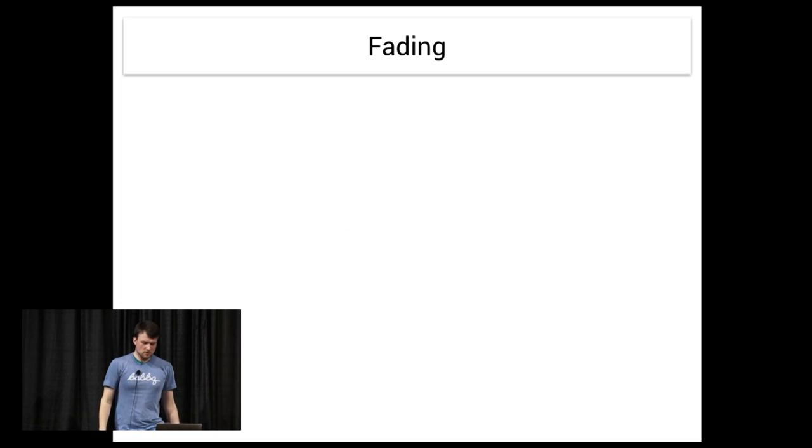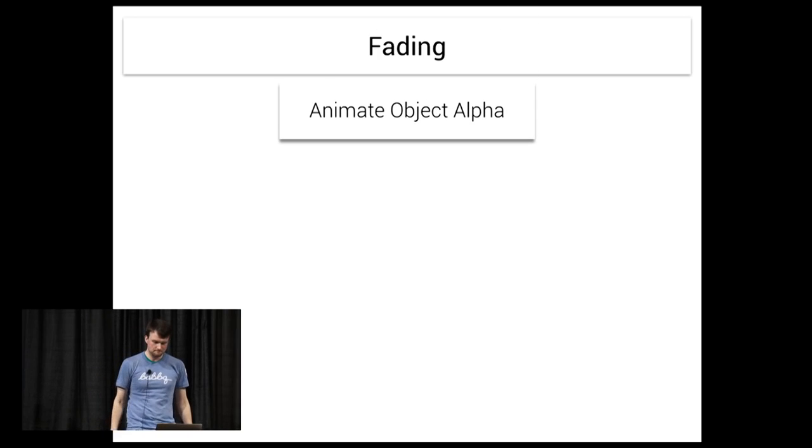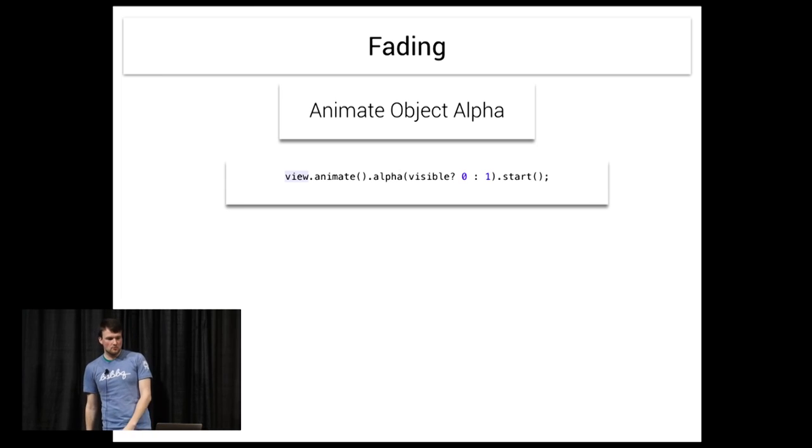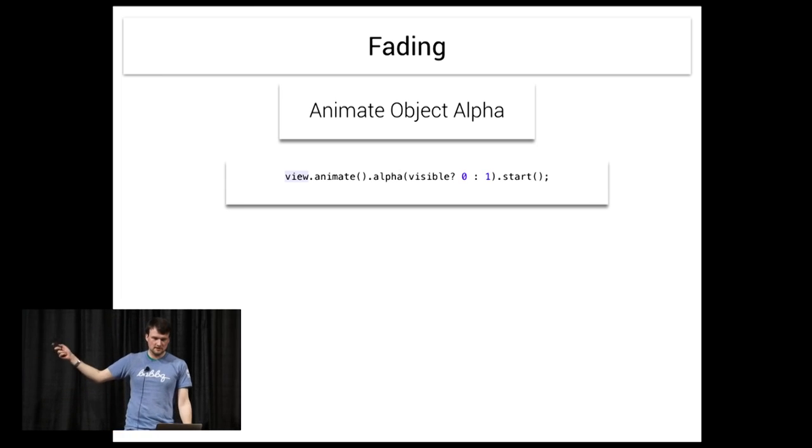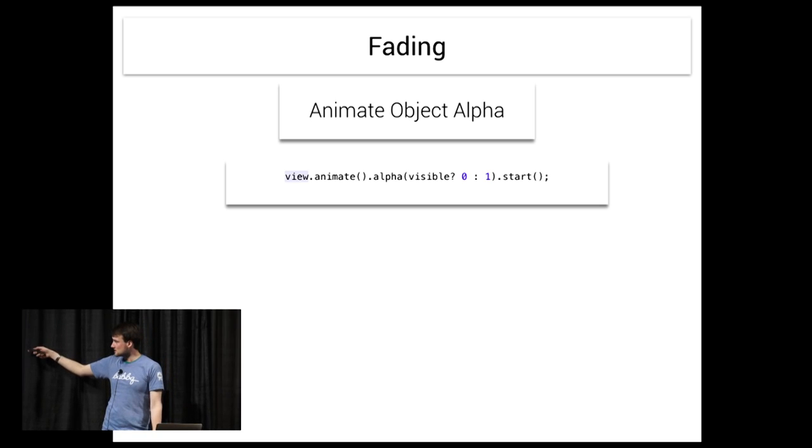Now, what if you want to do something a little bit more complicated? Well, you can start doing some manual stuff. So let's talk a little bit about fading. You can animate the object alpha, and this is actually really easy, right? You just take the view.animate().alpha(). If it's visible, you want to set it to 1. And if it's invisible, you want to set it to 0.